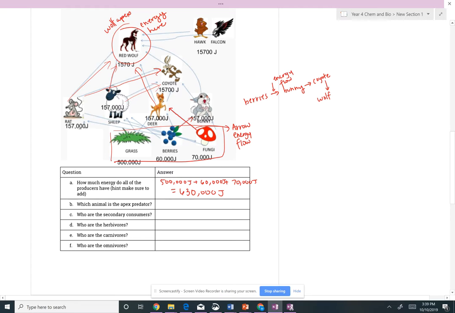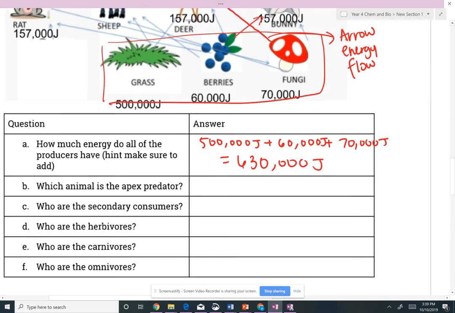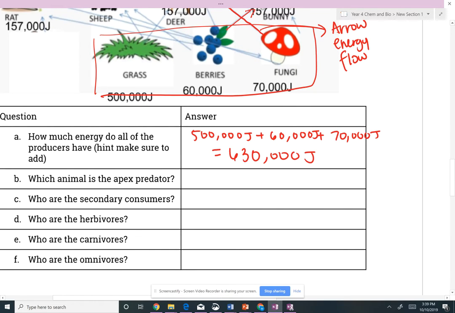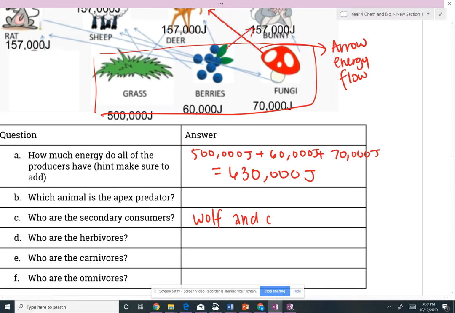My wolf, although he is an apex predator, also kind of eats from a couple of different places. So we can say that I have two types of secondary consumers. I have my wolf, who's my secondary consumer, and I have my coyote, who's also my secondary consumer.